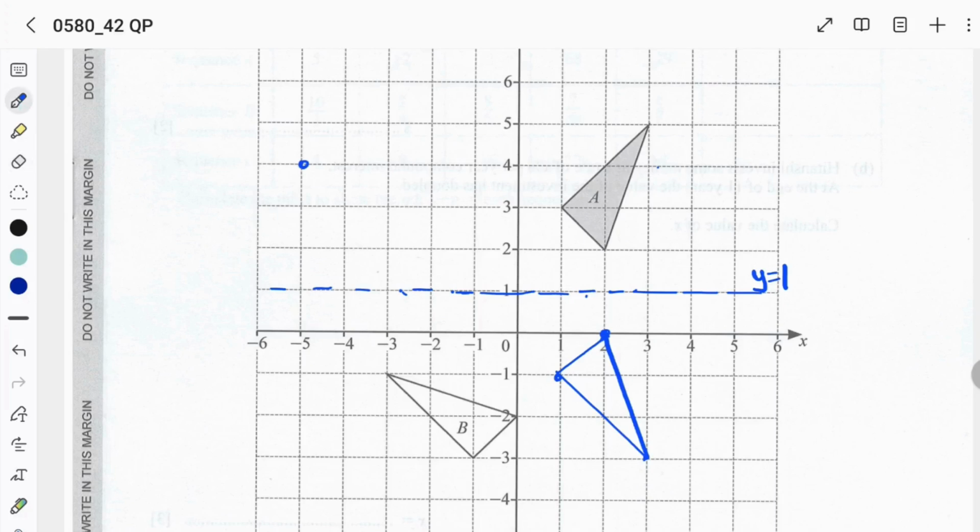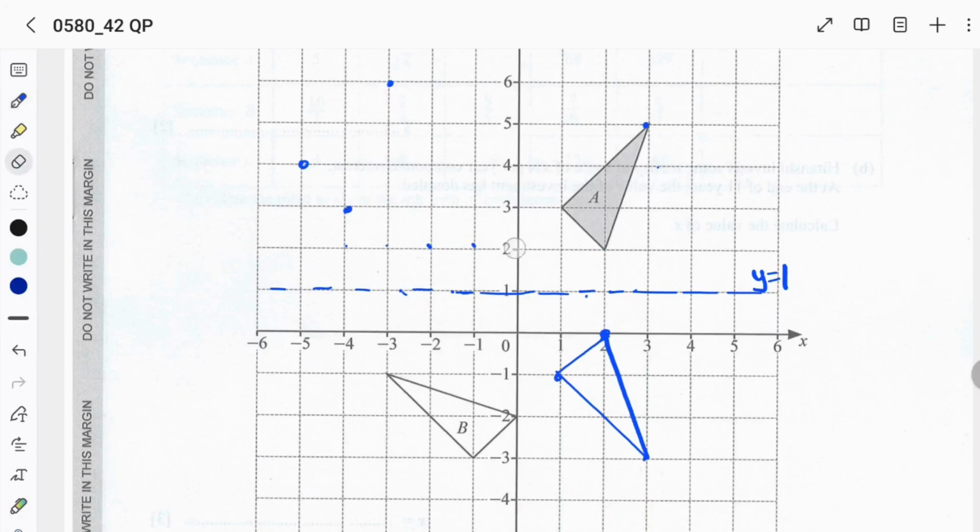But remember, you can also do it with calculations: minus 6 in the x coordinate and 1 in the y coordinate. The next one is again minus 6 1, 1 2 3 4 5 6, and 1, this coordinate. And the last one is the corresponding coordinate of this one, 1 2 3 4 5 6 and 1, this coordinate.